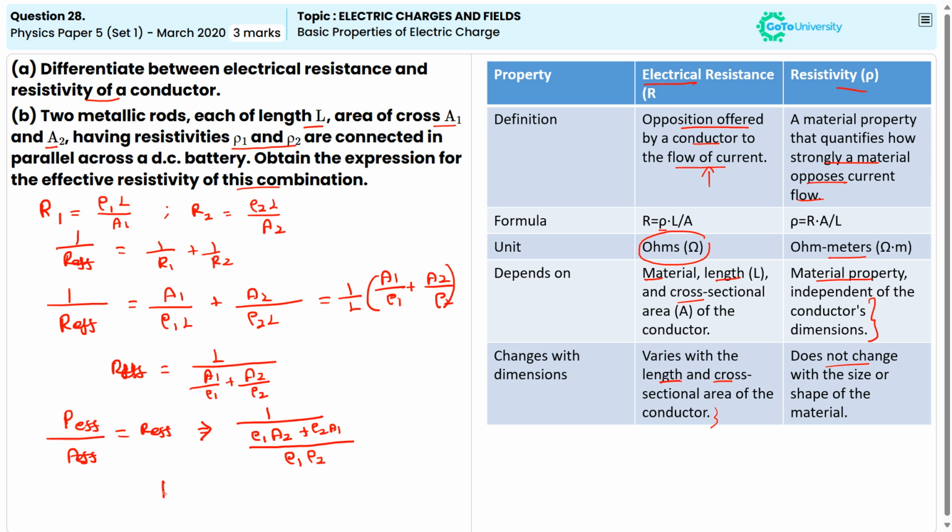From this we can write ρ effective equal to ρ1 ρ2 into A1 plus A2 divided by ρ1 A2 plus ρ2 A1. So this is the final expression for the effective resistivity.